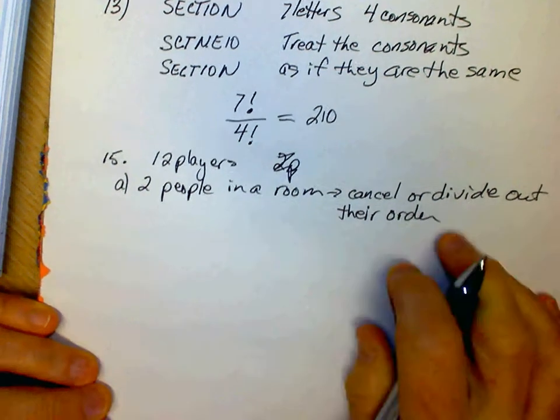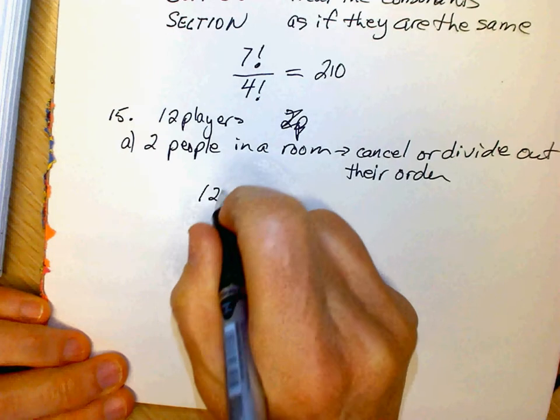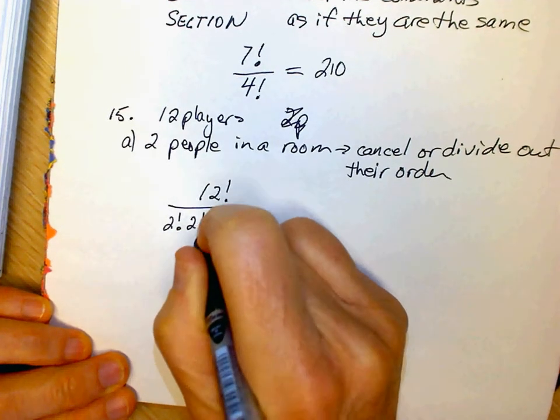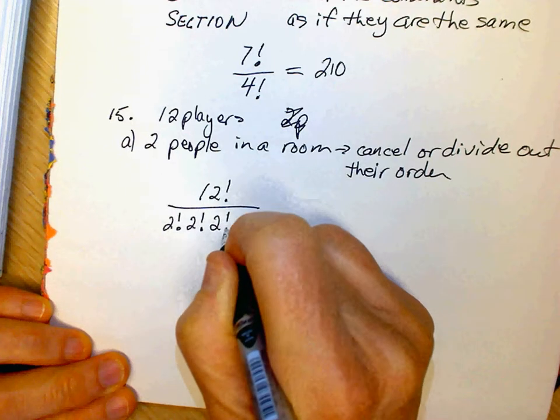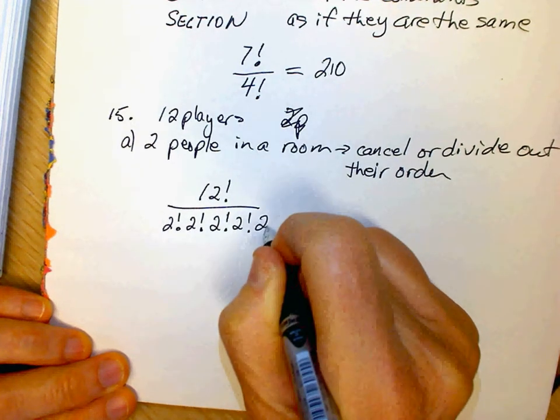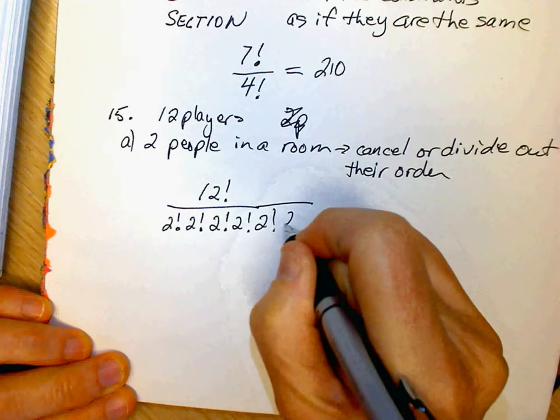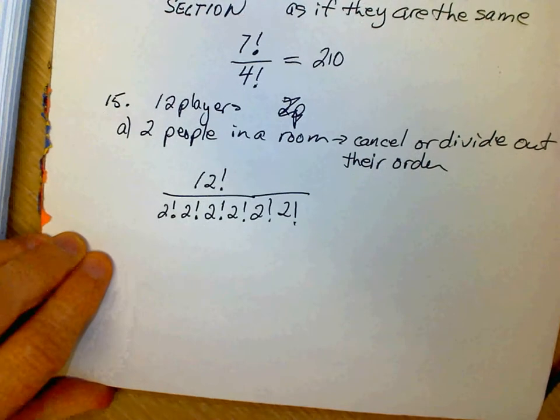Okay, so we have 12 players. We have 2 people in one room, 2 people in another, 2 in another, 2 in another, 2 in another, 2, 4, 6, 8, 10. Oh, we're going to need another 2, for 12 players in total.